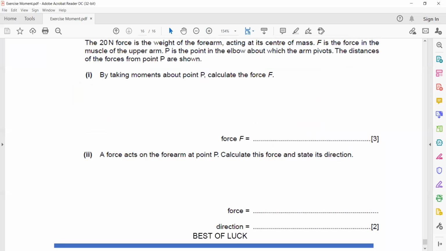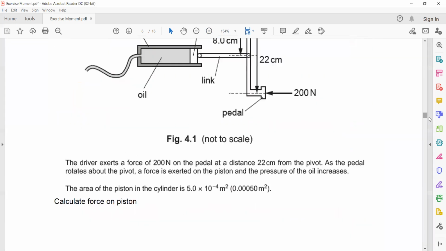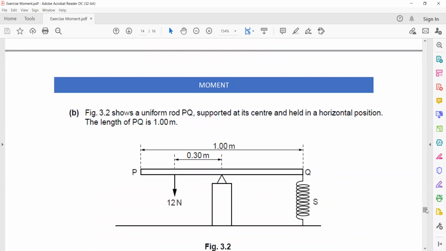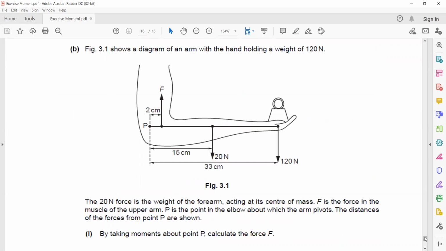So these are the questions related to the topic of moment or the turning effect. Why are we adding it, Abdullah? Because the upward force must equal the downward force. The upward force is 2130. The downward forces are 20 and 120.